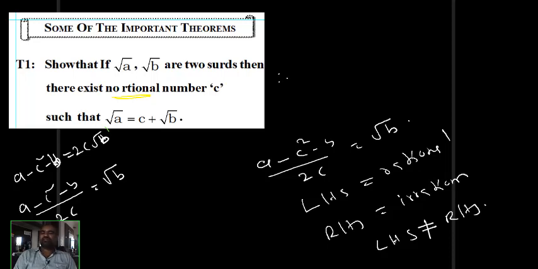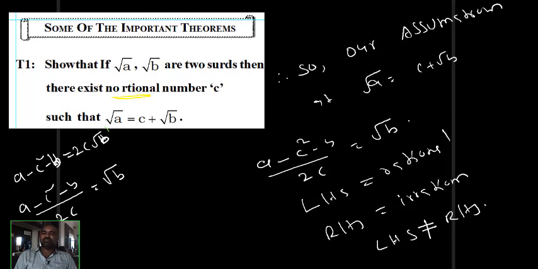Our assumption that root a equal to c plus root b is wrong. Okay, that means a surd can't be written in the form of a rational number plus another surd.